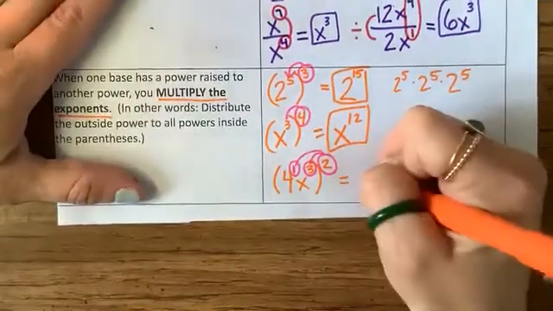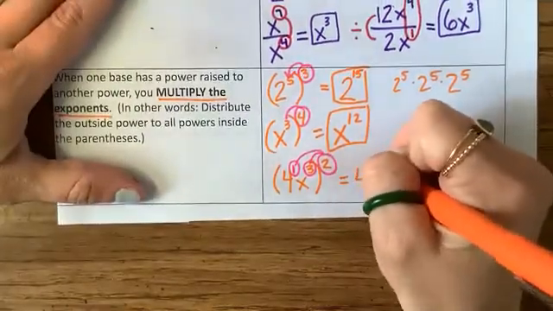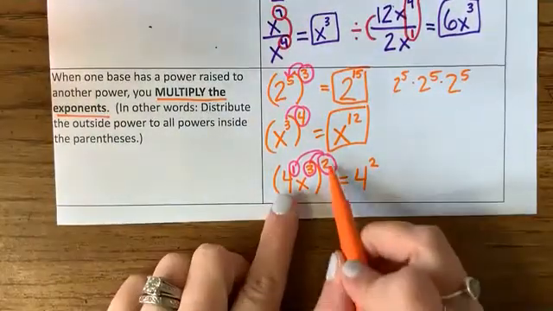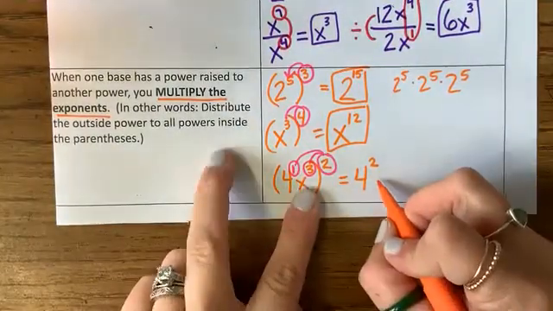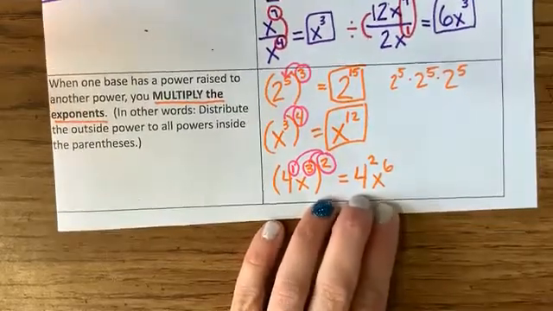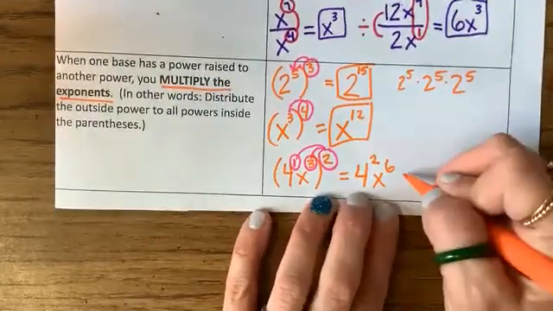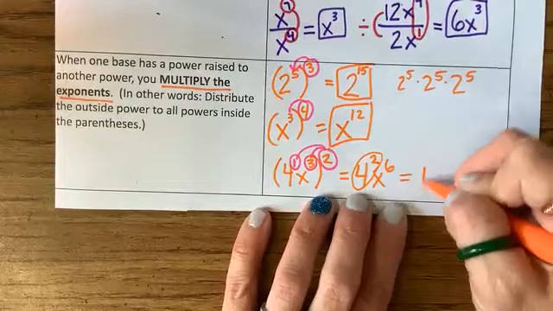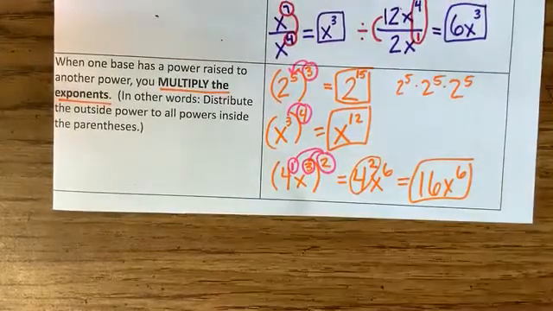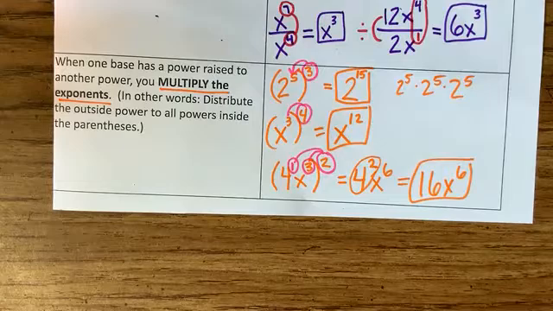So this becomes 4 raised to the 2, because 2 times 1 is 2, and then x raised to the 6. And what is 4 squared? So 16x to the 6th. They do like you to evaluate that coefficient out, if it's a coefficient.